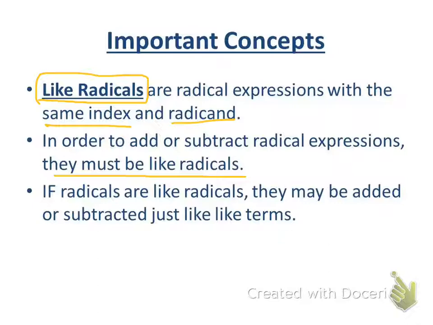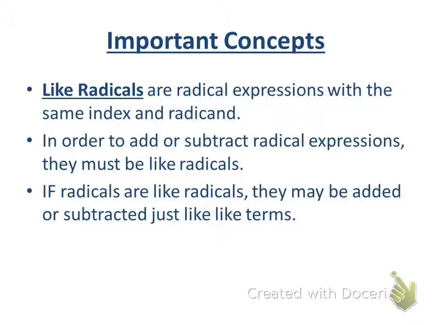If they have the same radicand and the same index, then they're added or subtracted just like terms. Because if they have the same index, then they do have the same exponent. So the exponents are the same and they're like terms, and we can add and subtract like radicals in the same way that we add or subtract like terms.